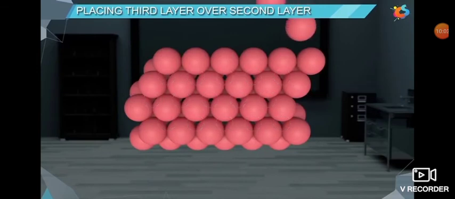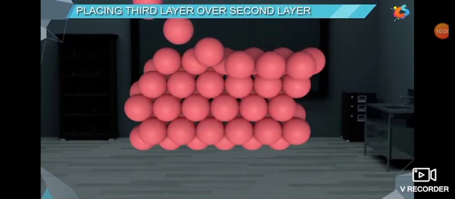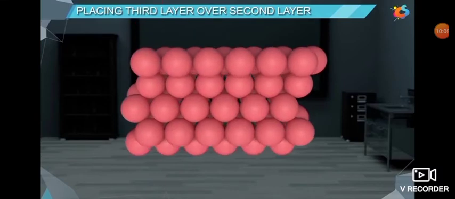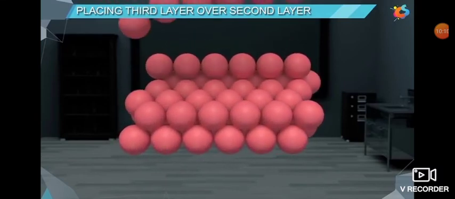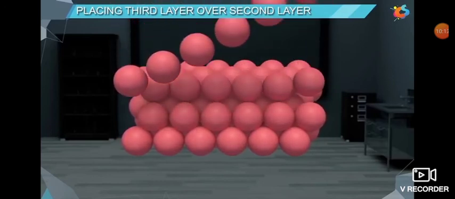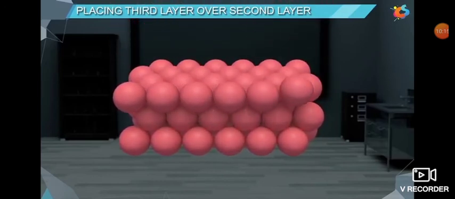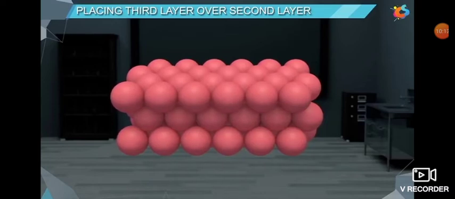I told you tetrahedral voids come just above the spheres of the first layer. If you keep the third layer above this tetrahedral void, that third layer will be exactly similar to the first layer. If you name the first layer as A and the second layer as B, then the third layer is again similar to A. That is why this packing is called the AB packing, or the hexagonal close packing, HCP.